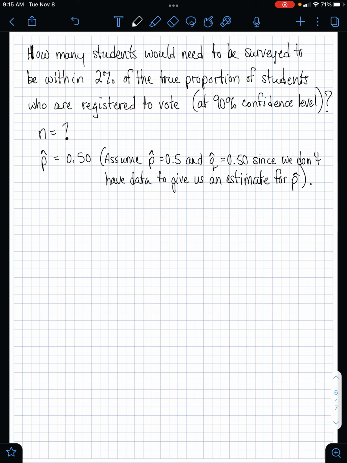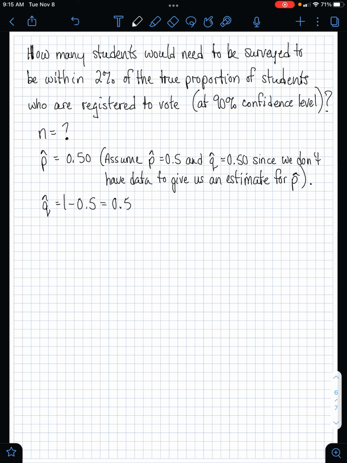So we're going to assume p hat is equal to 0.5. Now, I'll explain that in a moment, but p hat being 0.5 means that q hat must also be 0.5.